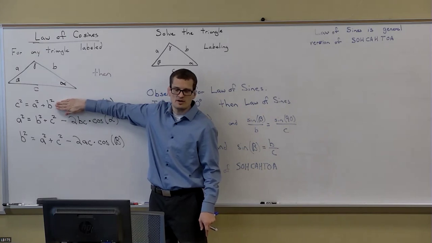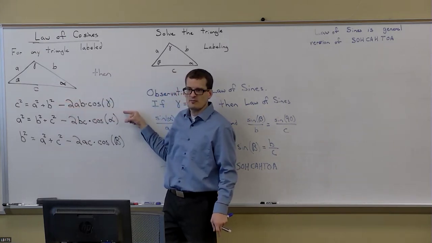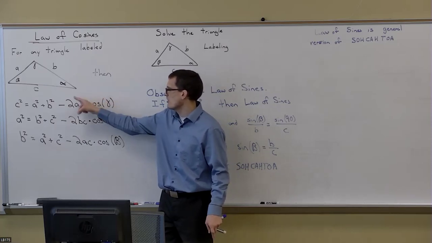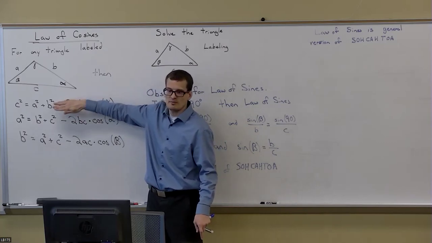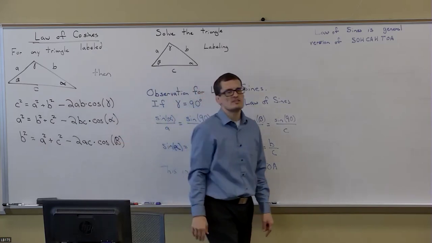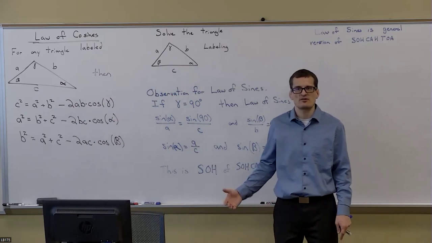It's like c squared is equal to a squared plus b squared minus this adjustment. But if I have a right angle, then all of this becomes 0. So that goes away, and I just get back my Pythagorean theorem. So law of cosines is the generalized version of the Pythagorean theorem.